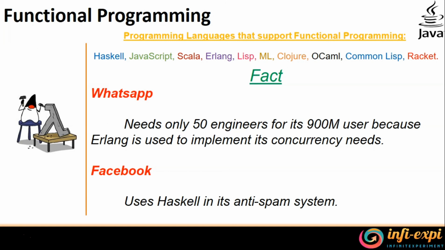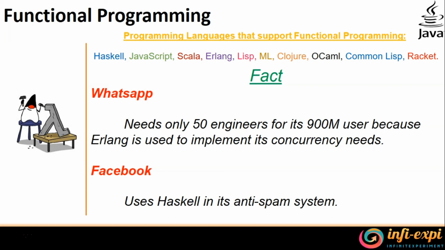A few facts about functional programming. The WhatsApp application needs only 50 engineers to work on it, but still it has 900 million users, and it's highly supported because it uses Erlang. The Erlang language supports the concurrency needs, and functional programming is applied there.